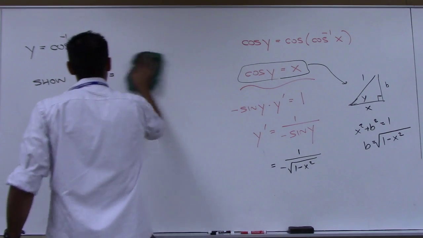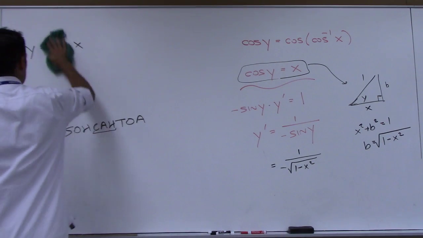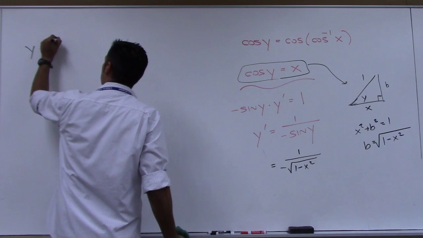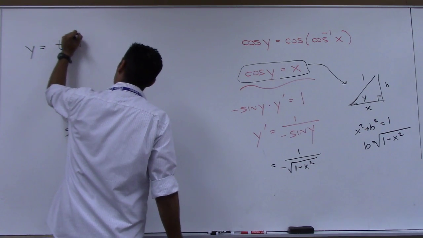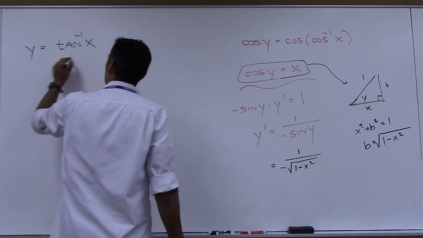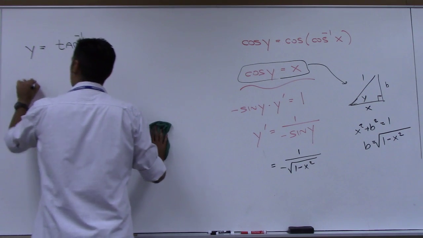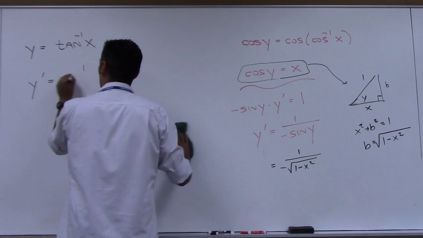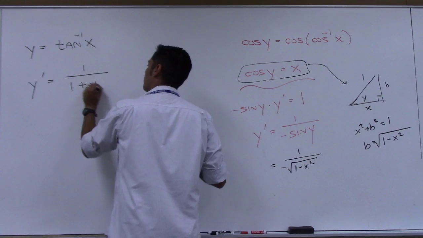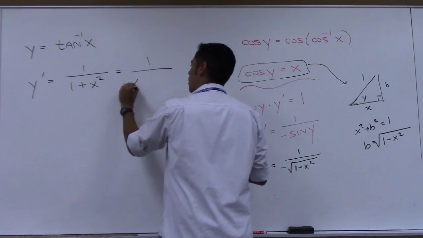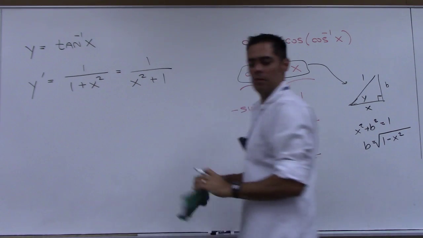Okay, now the next one I'm not going to derive, but I'm going to put up here because this is a very, very important one. The derivative of arctangent of x is 1 over 1 plus x squared, which is the same as 1 over x squared plus 1. Doesn't matter how you write the bottom out.